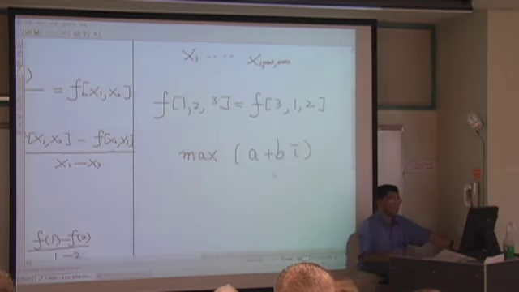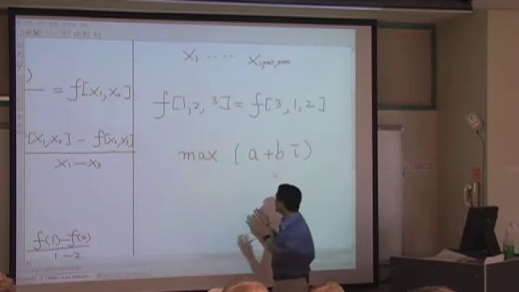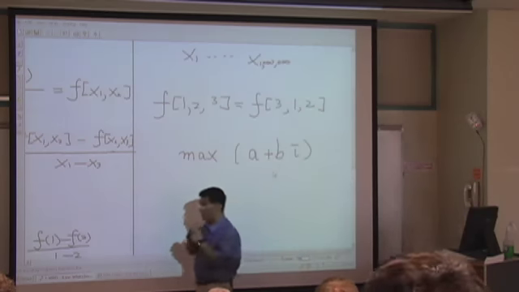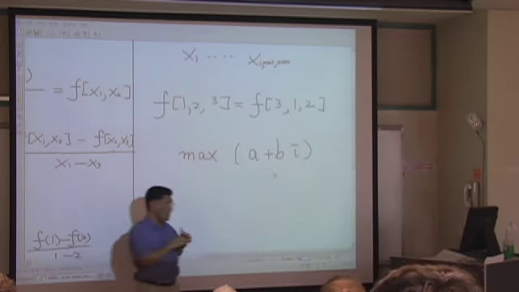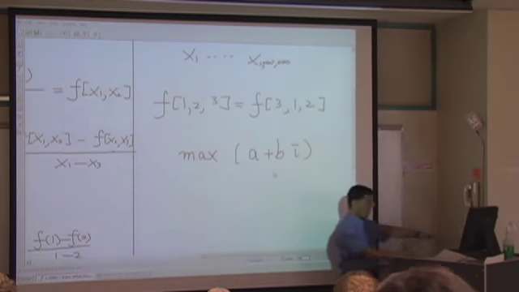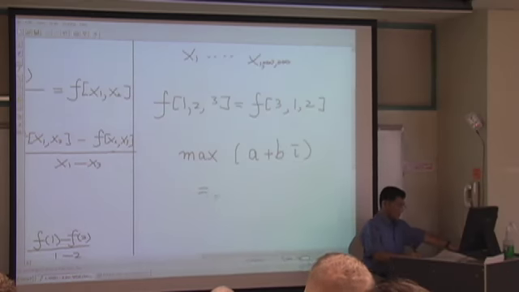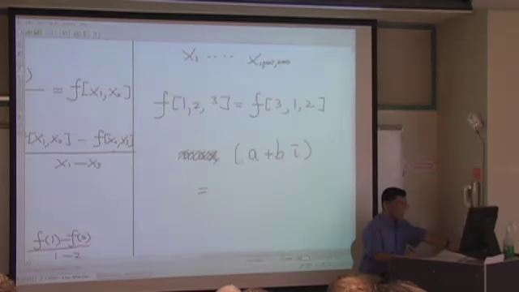We measure the size of a complex number by using the Pythagorean theorem, and I'm not just saying max, generally we want to find the norm of this kind of thing, and usually it comes from a squared plus b squared.